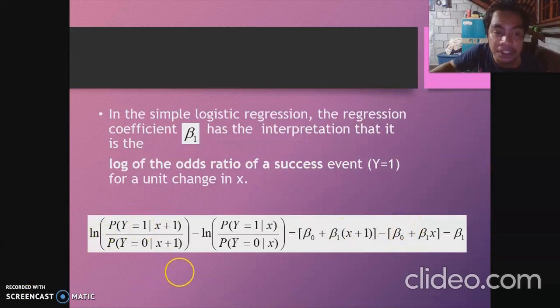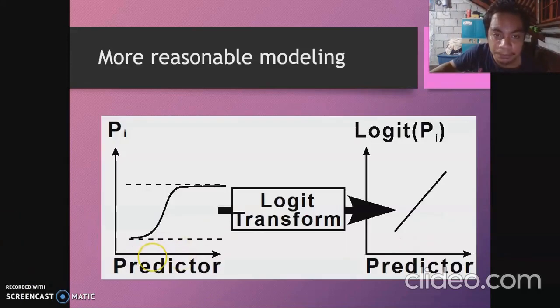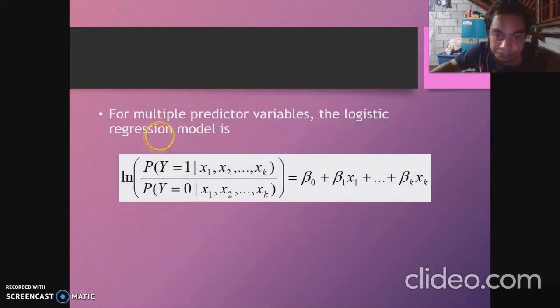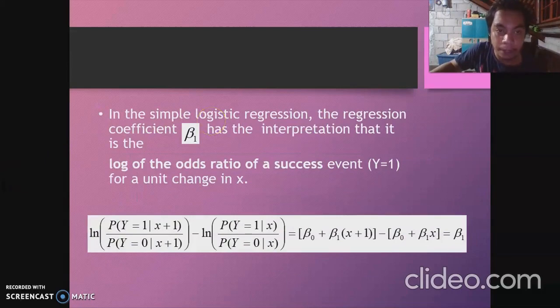So, in the simple logistic regression po, the regression coefficient, ito po, the interpretation is the log of odds ratio of the success event of y equal to 1 for a unit change in x.